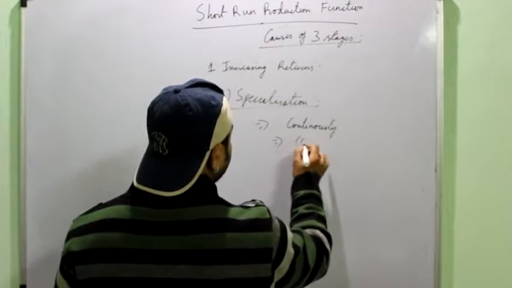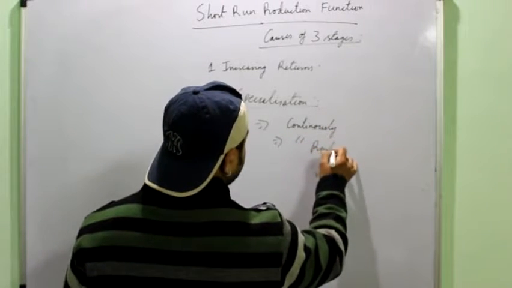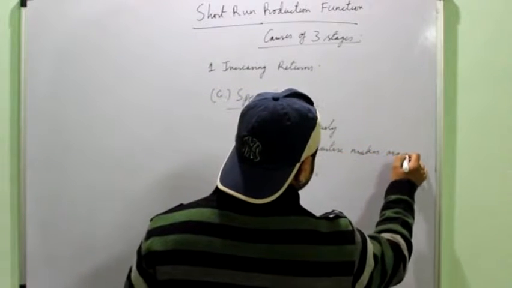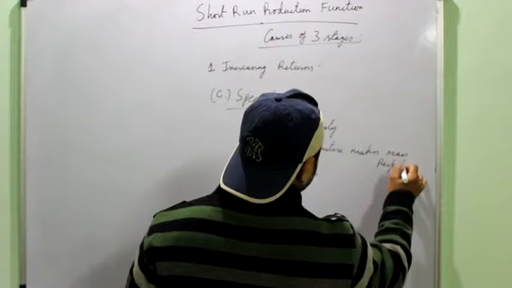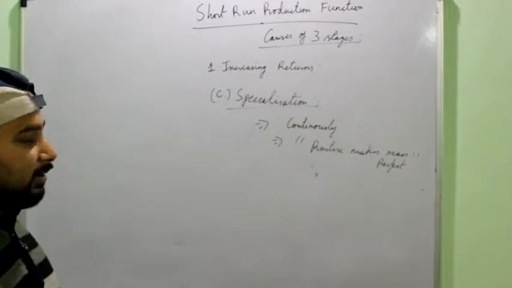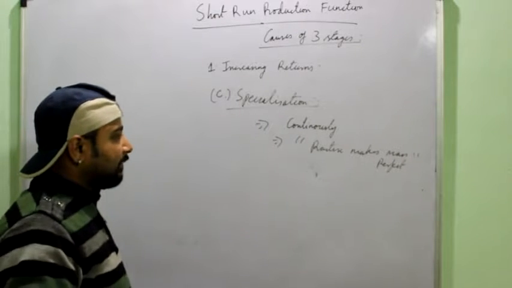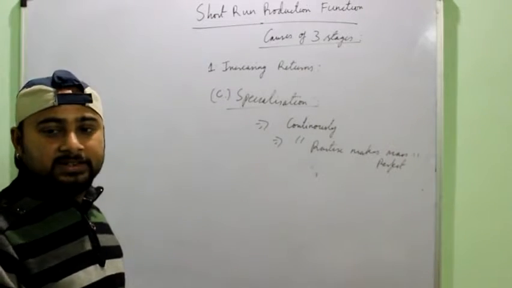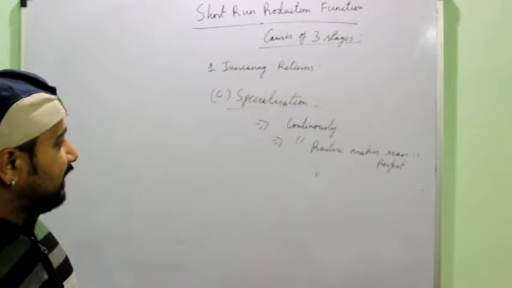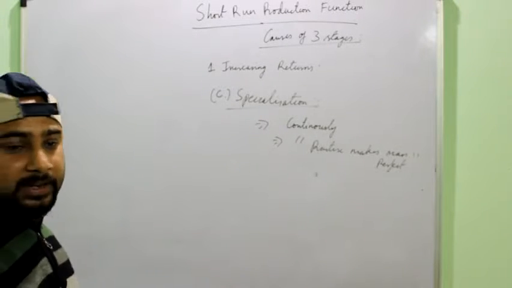Or you can simply remember one proverb, practice makes a man perfect. You will never forget this concept, specialization. Once you keep doing a particular work, you become perfect in that, right? For example, a carpenter is perfect in his work, a software engineer is perfect in his work. With their experience they become perfect in that particular work, right?